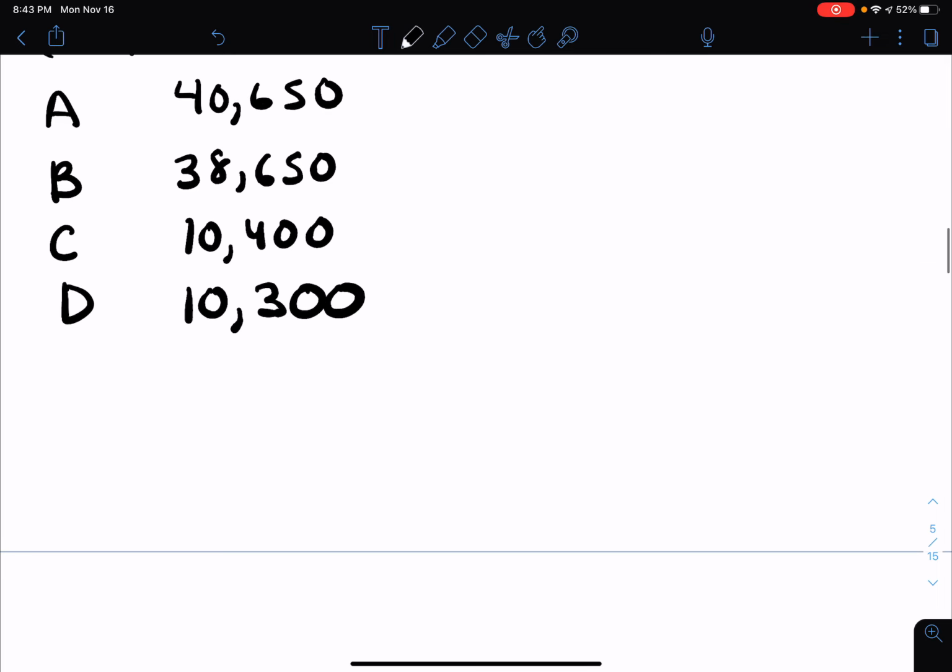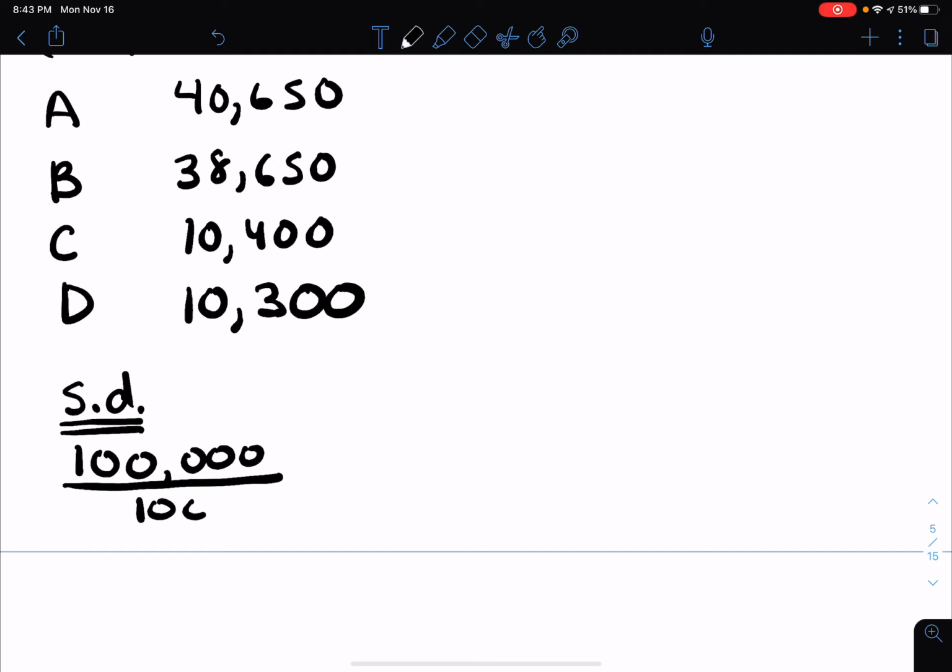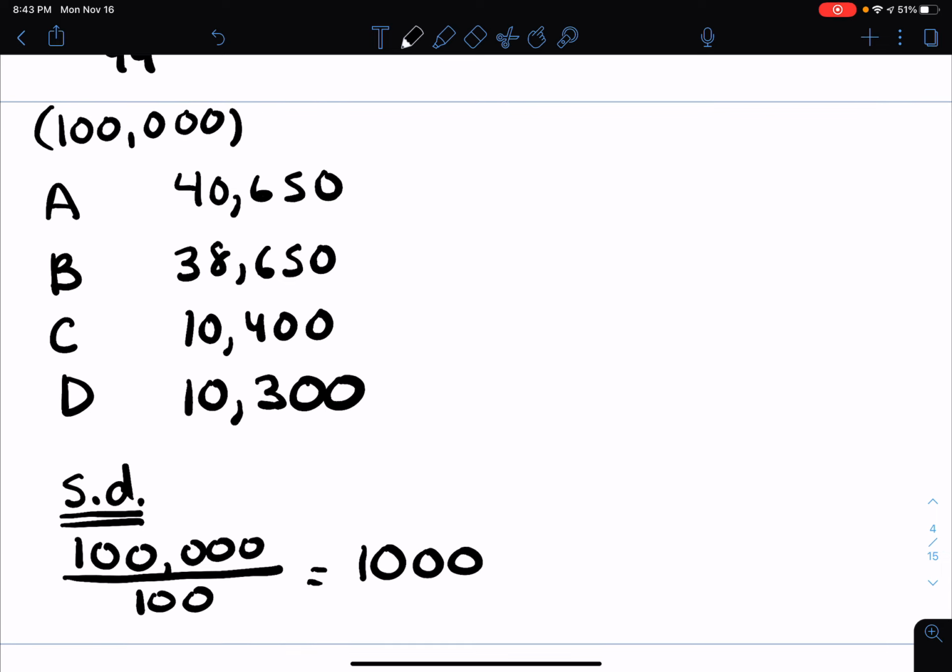So for our standard divisor, this time we're taking 100,000 and dividing by 100. So that comes out to 1,000. So that'll be a lot easier to do our quotas. Dividing by 1,000 is nice because you just move your decimal point 3 places over. So easy.